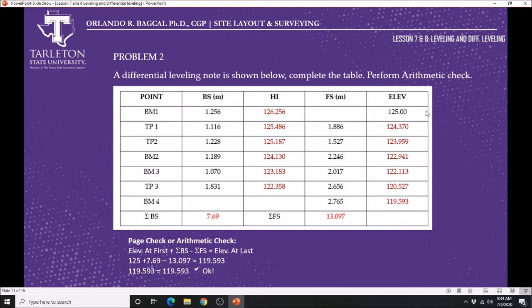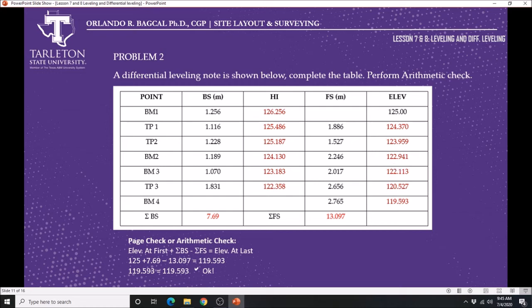So that is 125 plus 1.256 is equal to 126.256. 126.256 minus 1.886 is equal to 124.370. 124.370 plus your backsight gives you the instrument height here, 125.486, minus 1.527, and that will give you this.